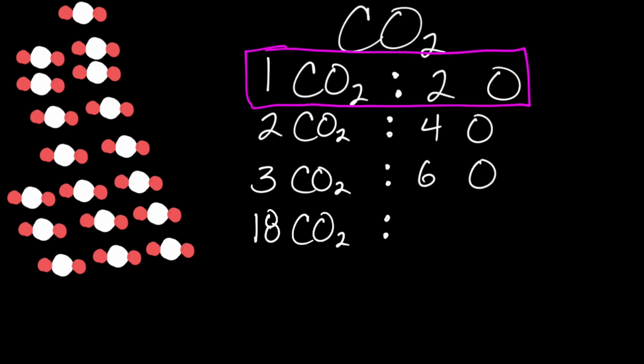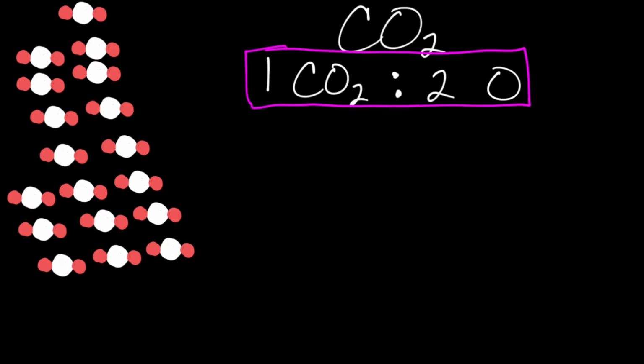In other words, we always have twice the number of oxygen atoms as we do carbon dioxide molecules. And so 18 times 2 is 36. 36 oxygens. And again, we could count all the oxygens in our little molecule diagrams over here on the left, and there would be 36 there.